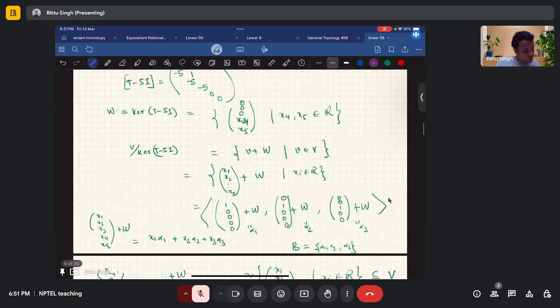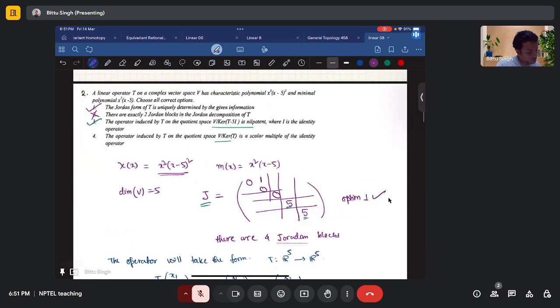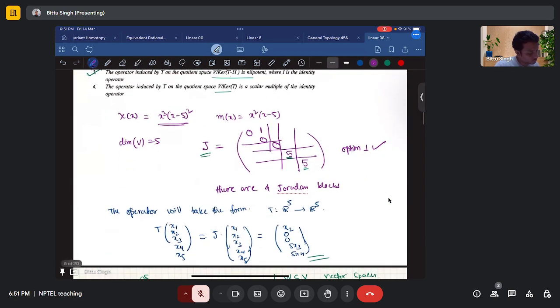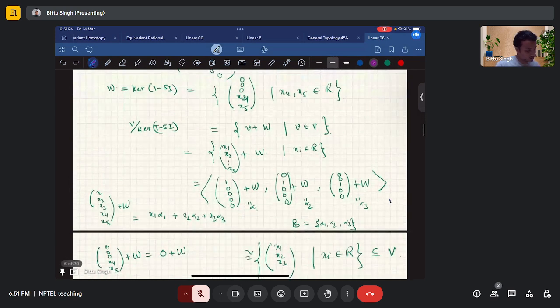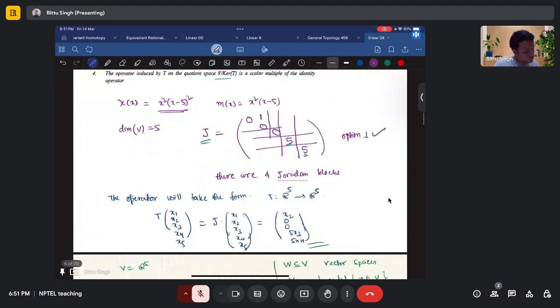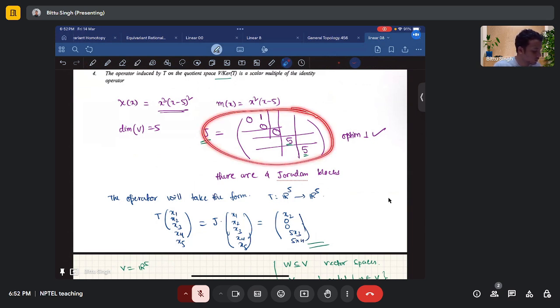So what is V mod kernel T actually? V mod kernel T will take this form. So let us again look at what is kernel T. From here it is clear that the rank of this matrix is actually 3, because you can see there are 3 linearly independent rows or columns, whatever you say.